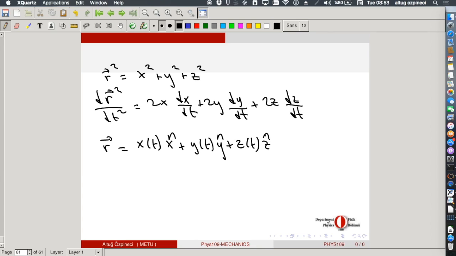So the x, y, and z components as the object is rotating will be changing in time. How? Well, we can write it down once we specify which coordinate system we choose, but we will not need it. The only thing I will need is that whatever the motion is, whatever the coordinate axis is, x squared plus y squared plus z squared will be r squared. That is the distance from the origin. I'm assuming that my origin is at the center of the circle. So this is why I write this first line.